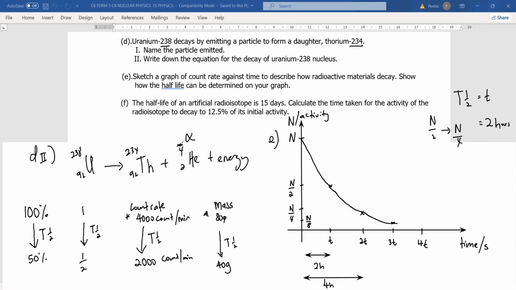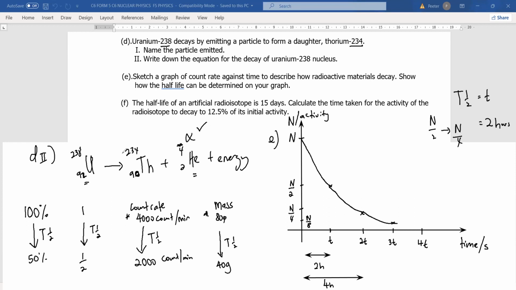So the idea here is that alpha was emitted. When an element releases alpha, the nucleon number drops by 4 and the proton number drops by 2, right? 92 becomes 90, 238 becomes 234, and energy is released.